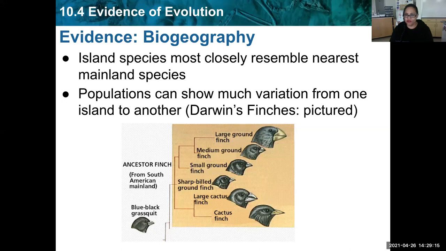And they didn't resemble species on other islands, Australia, New Zealand, across the world. They resembled species from South America, which is the mainland that is very, very close to the Galapagos Islands. And that is how biogeography works. Which animals look like each other in which places?